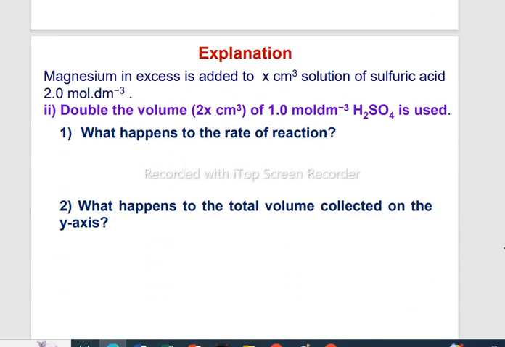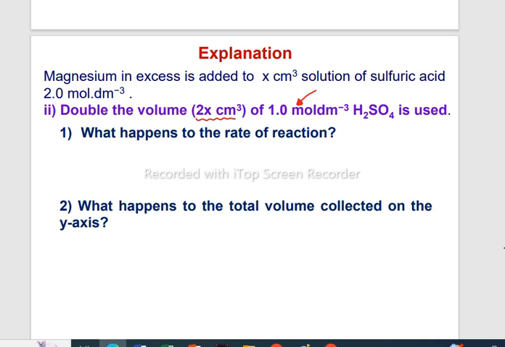Let's go to double I using the same reaction, which is magnesium and sulfuric acid. Double I: double the volume, 2x cubic centimeter of 1 molarity H2SO4 is used. Let's start with the rate of reaction. The rate is actually affected by the concentration.